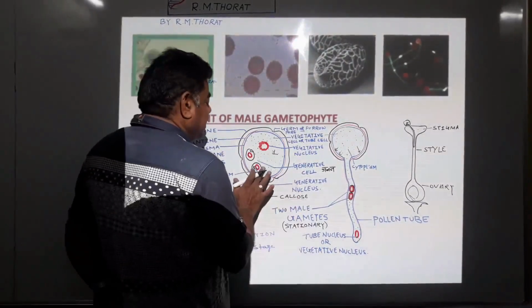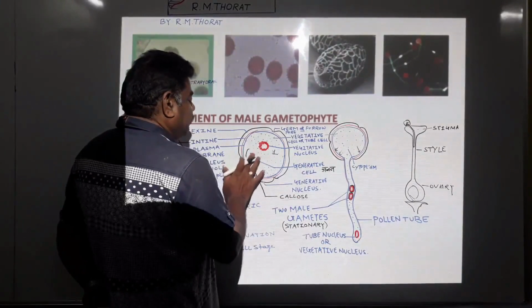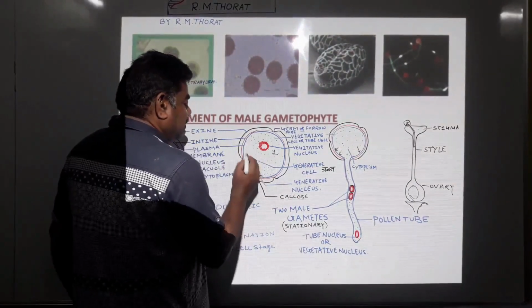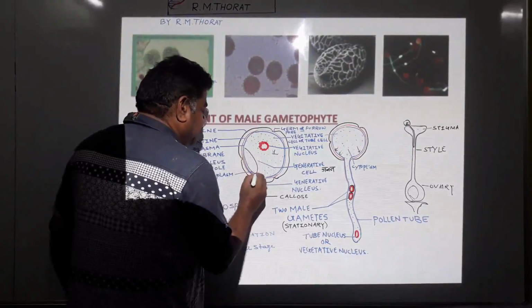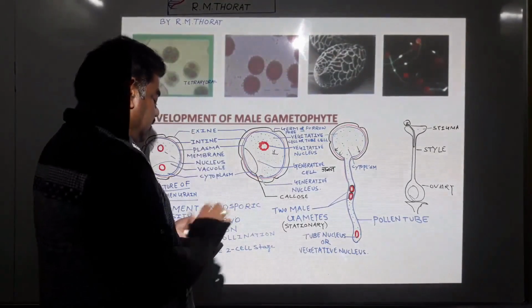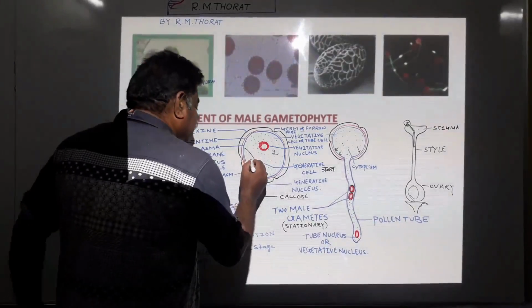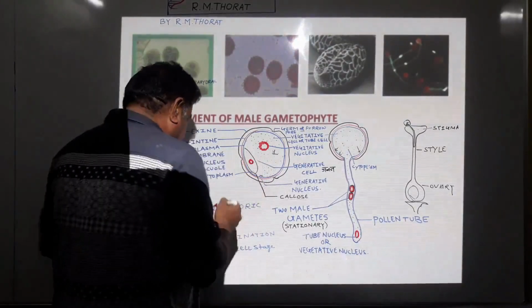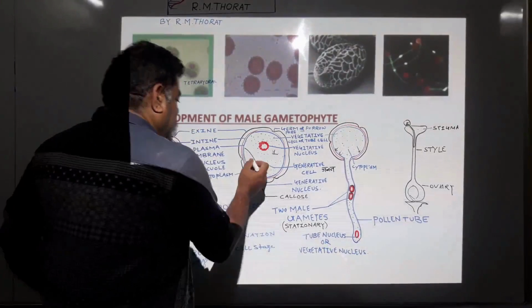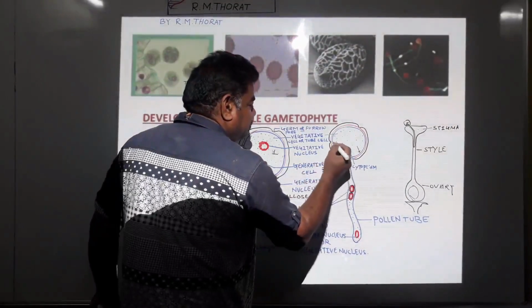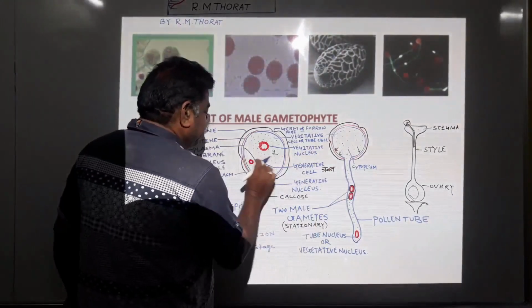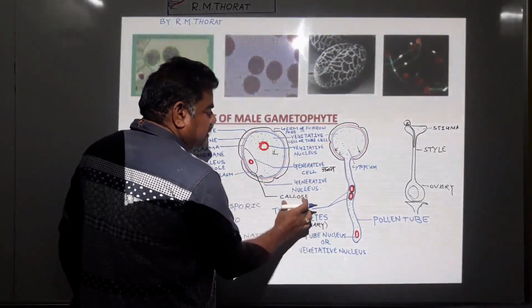And the functional cell which is present here, that is spindle type, we call the generative cell. This generative cell separates from the plasma membrane due to callose.